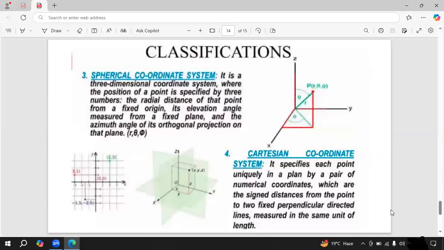The Cartesian coordinate system specifies each point uniquely in a plane by a pair of numerical coordinates, and this is present in both 2D and 3D, where the signed distance from the point to two fixed perpendicular directed lines is measured in the same unit of length. And the same goes when you take three perpendicular directed lines, which will make the 3D Cartesian coordinate system.